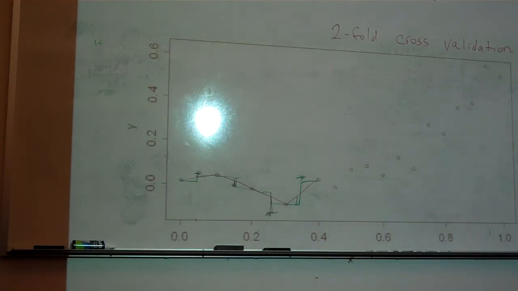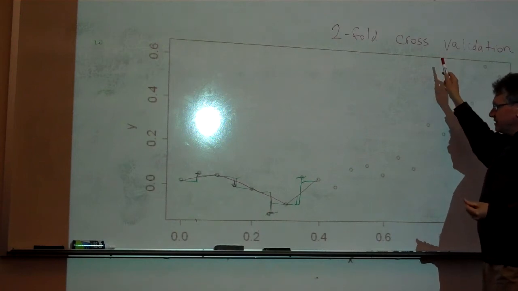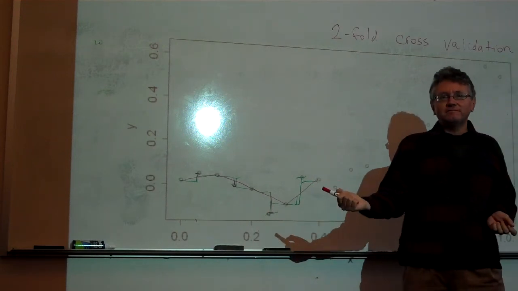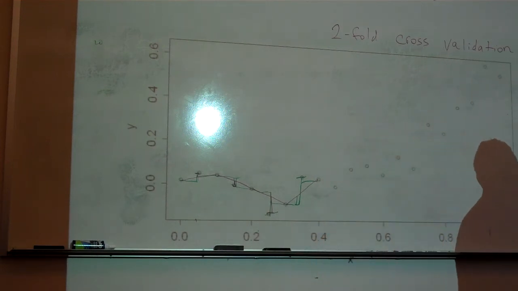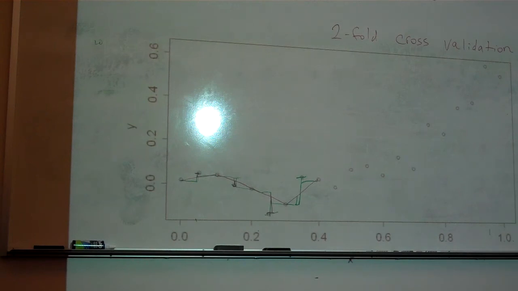So we're using the existing data to validate the model. Now the downside of this is that we're building our interpolation with only half the data. So it's not going to be as good an interpolation surface as it would be if we had used all of the data.